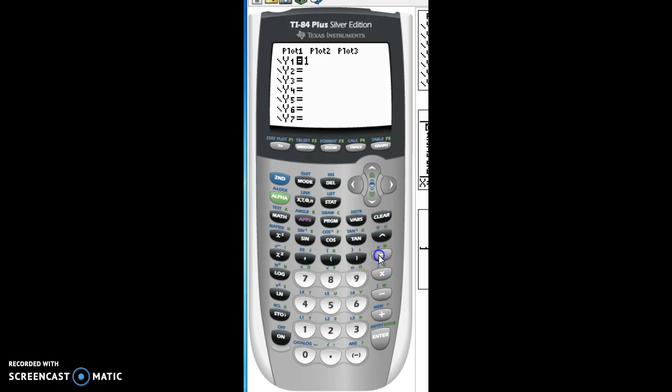So 1 over 2x, negative 2 plus 3 over 2x, and finally negative 1 minus 5x.